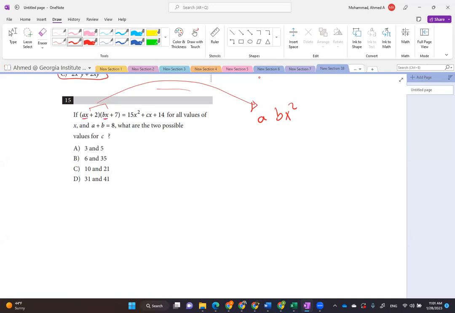And then AX multiplied by 7, 7AX. And then multiple 2 by BX is gonna be 2BX. And then when you multiple 2 by 7 is going to be 14, right?